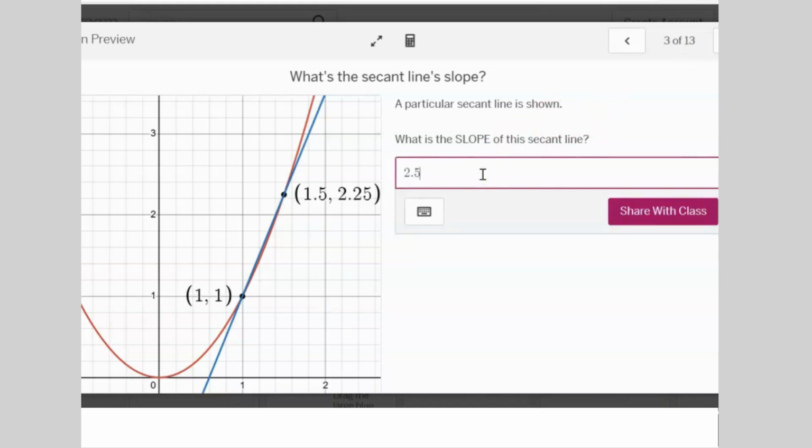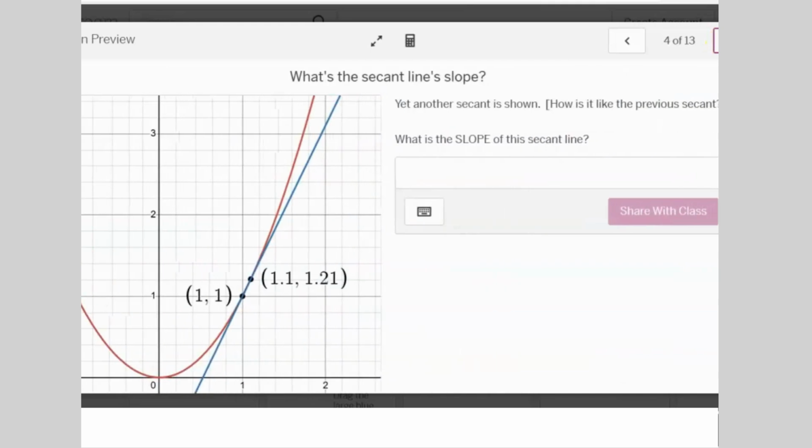So we're finding the secant line slope, and we're going to see what happens as we get closer to the point. In the next example, we have 1.21 minus 1, divided by 1.1 minus 1.